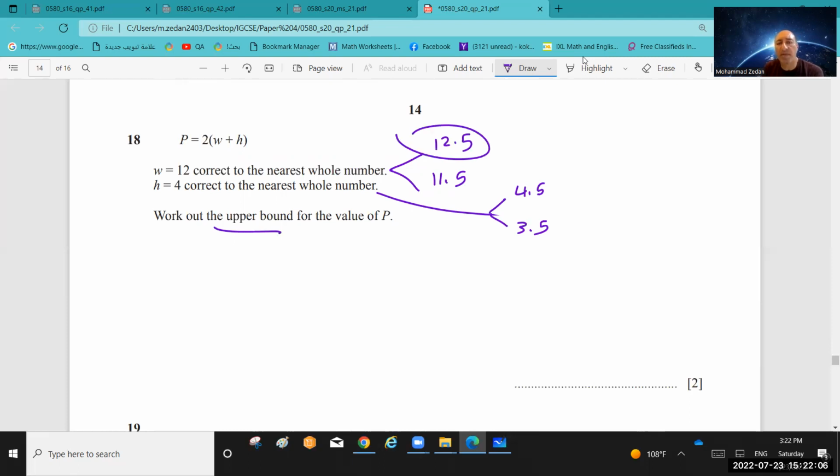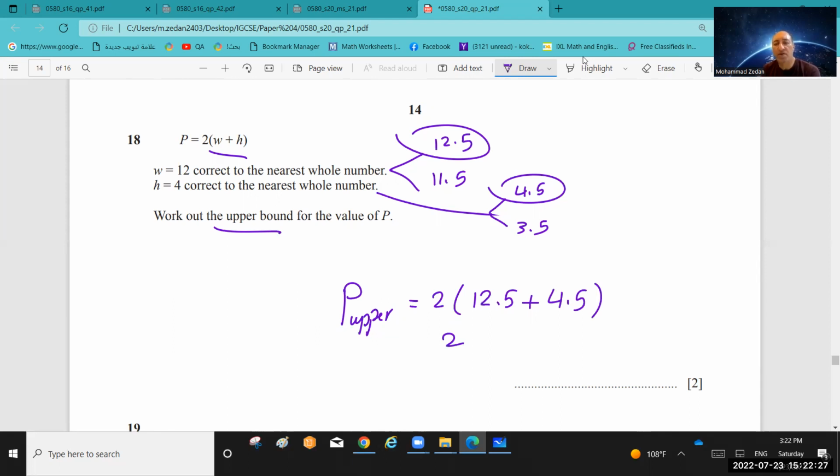You just take the upper bound of each variable because you just add them. So P upper is equal to 2 times W upper, 12.5, plus the upper bound of H, 4.5. You just calculate this: 2 times 12.5 plus 4.5, 25 plus 4.5... the answer is 29.5.